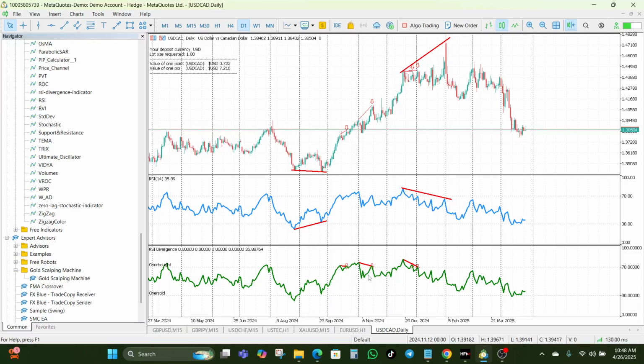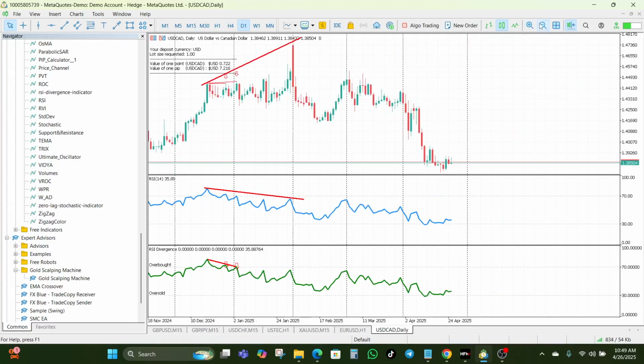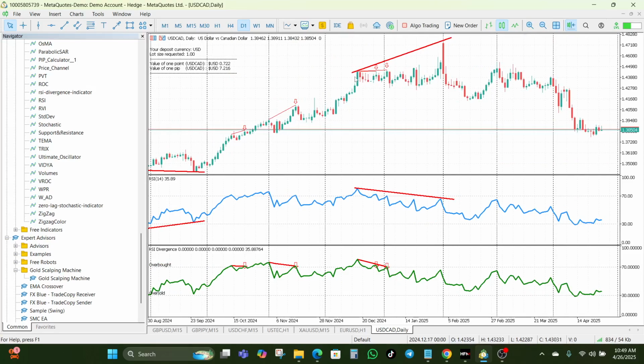You can see that the indicator automatically detects divergences for you. It draws clear lines between relevant price points and corresponding indicator levels. You can see that right here on the candlestick chart, the indicator tells you with the aid of an arrow and of course a trend line when price is forming a divergence pattern.